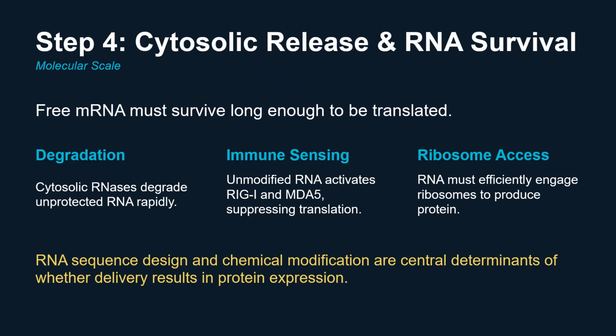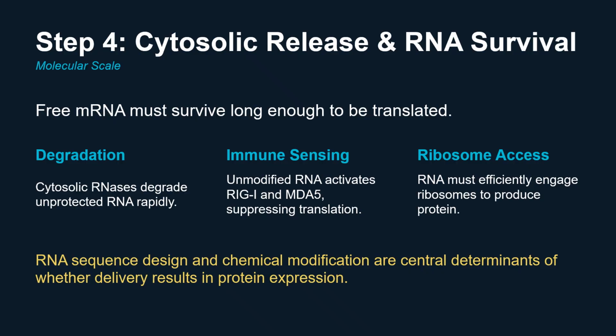Once the RNA reaches the cytosol, delivery is still not finished. Free mRNA has to survive long enough to be translated. RNases degrade exposed RNA very quickly, so stability immediately becomes a limiting factor. At the same time, unmodified RNA can trigger innate immune responses like RIG-I and MDA5.